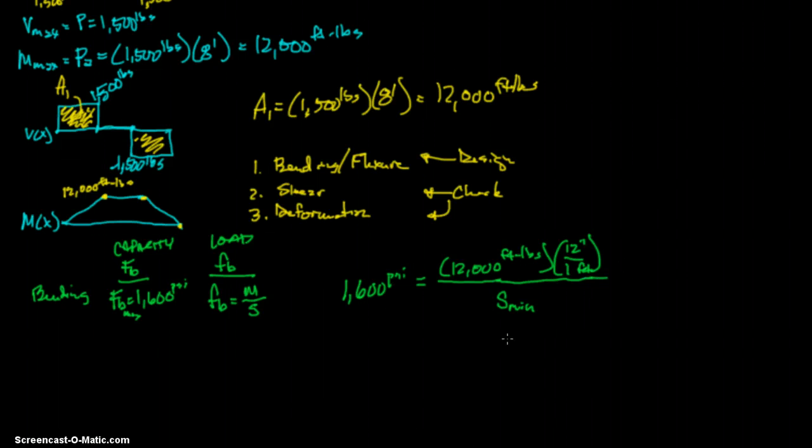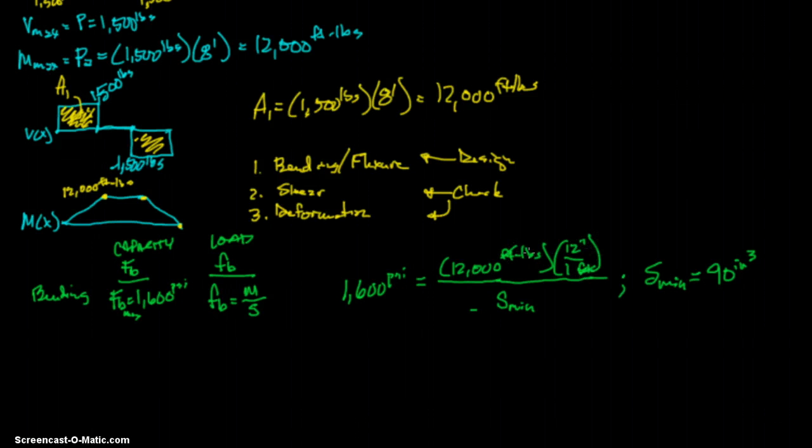Solve for S, which means 1600 is going to go over here, and you get S min equals 12,000 times 12 divided by 1600, and you get 90 inches to the third.